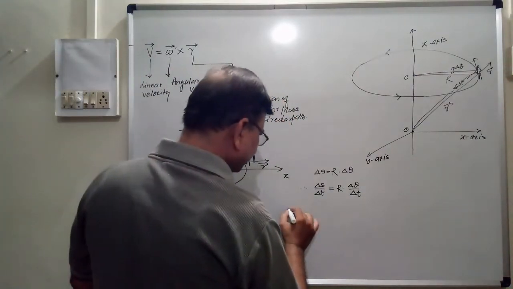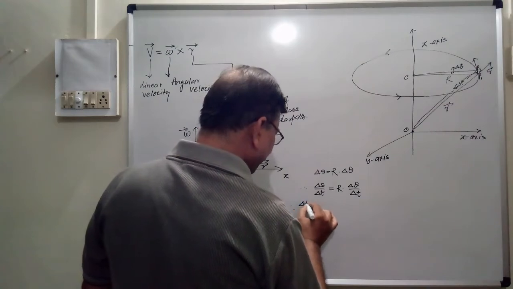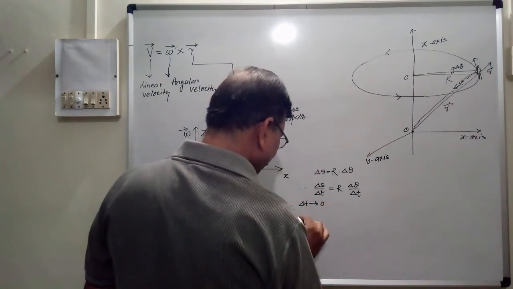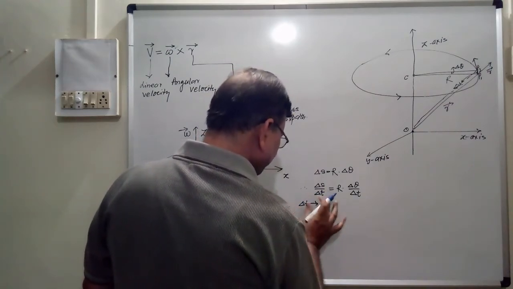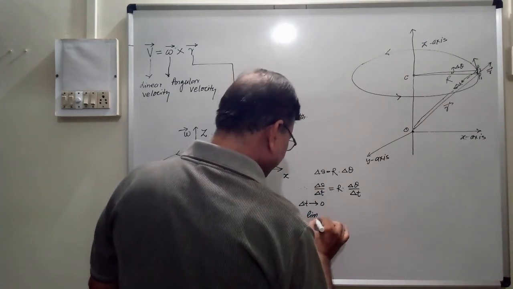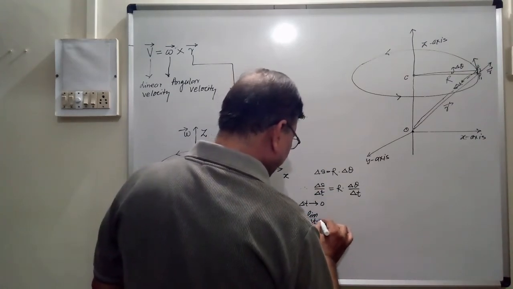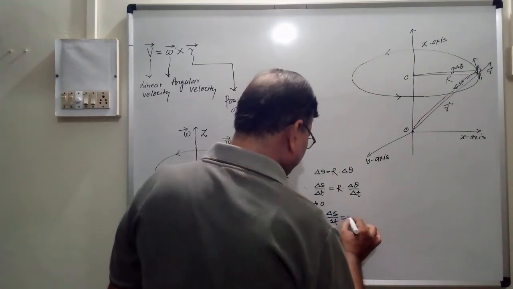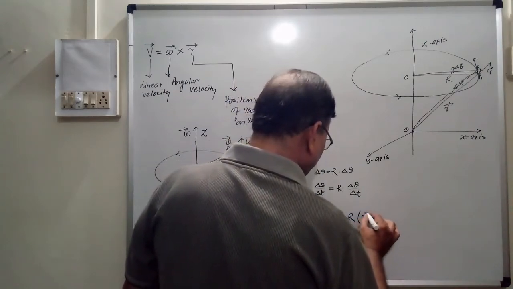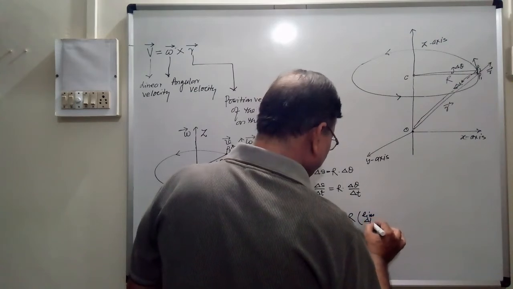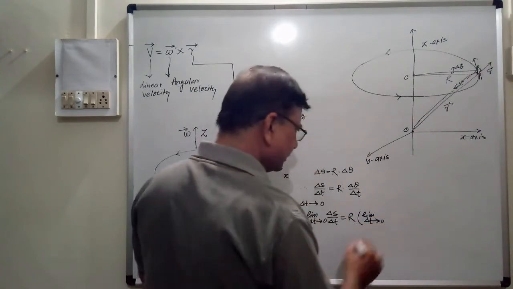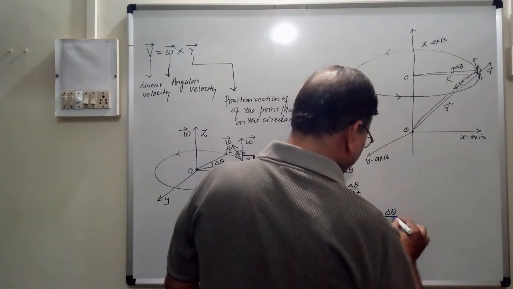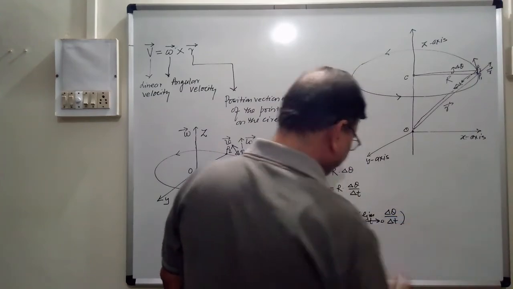So we can write, if delta t approaches 0, therefore limit delta t tends to 0, delta S upon delta t is equal to R, limit delta t tends to 0, delta theta upon delta t.